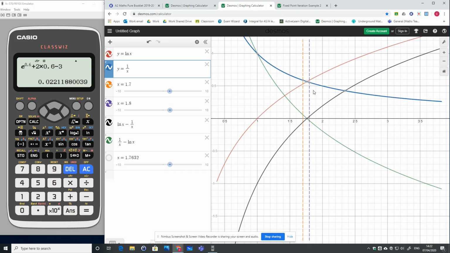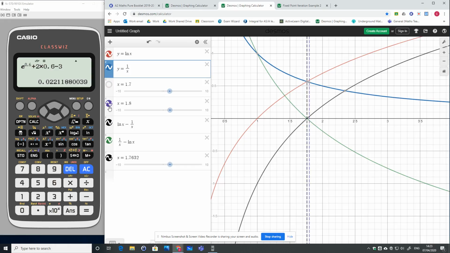So just to recap, the red graph and the blue graph are the two that we started with at the start of the question, and then you've got this black graph, which is ln x minus 1 over x, or the green graph, which is 1 over x minus ln x. And what it does is it drops those two graphs so that the root that we're looking for, that point of intersection, is actually the point of intersection with the x-axis.